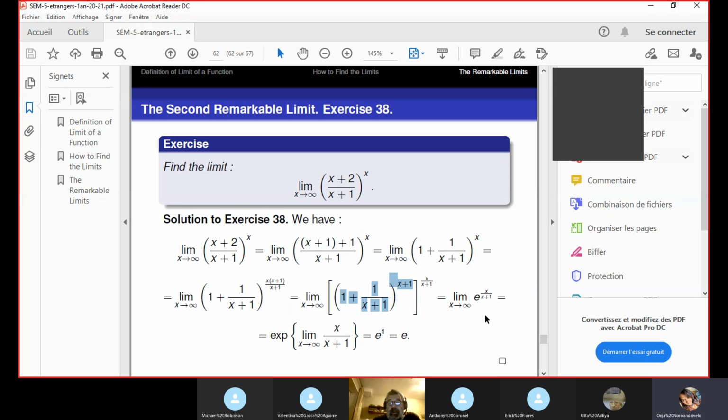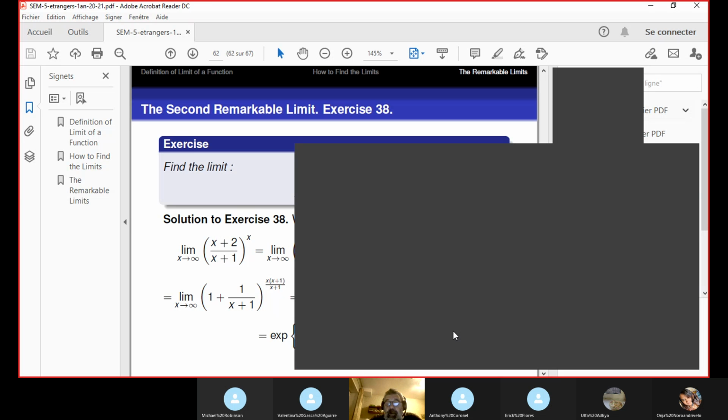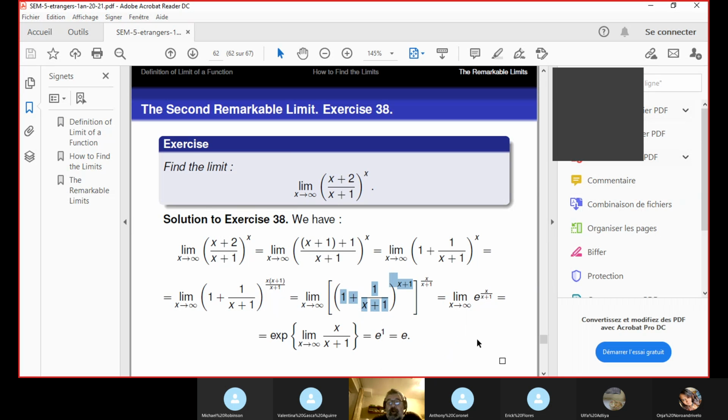So, as this limit is e, we have to find the limit of e to the power x over x plus 1. Once more, I recall that in this case, we make use of the continuity of our exponential function. I write this fact here.